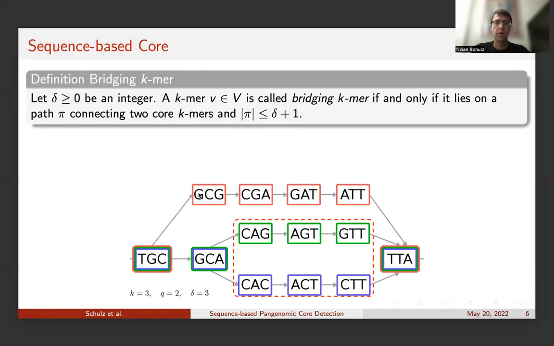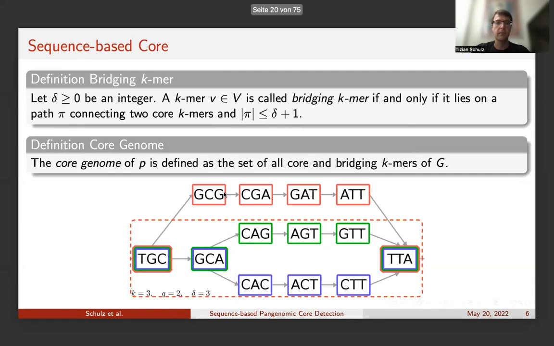For the upper k-mers here, they also lie on a path that connects 2 core k-mers, GGC and TTA, but the path is too long. Now we say both sets together, the set of core k-mers and the set of bridging k-mers, we call our core genome. And now we can also deal with variation inside our sequences.